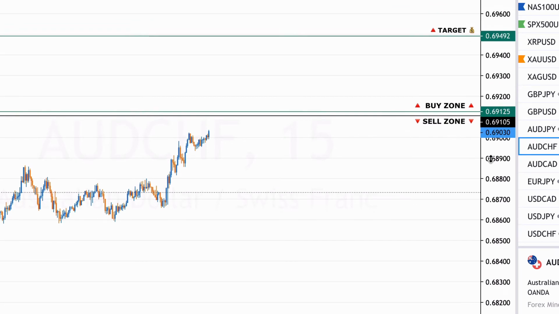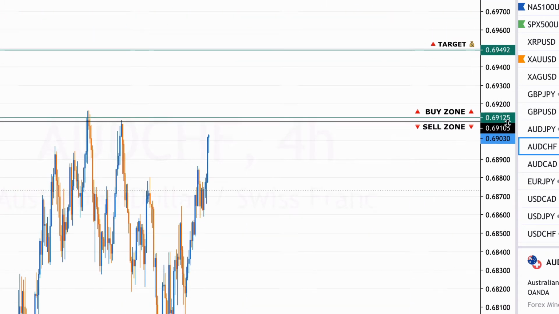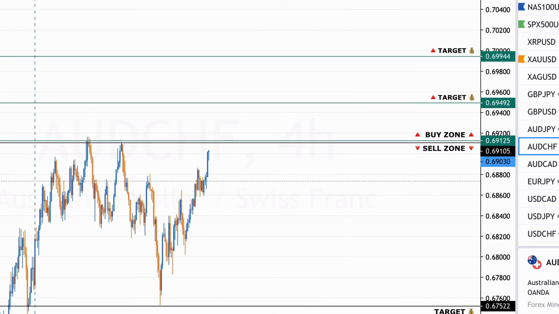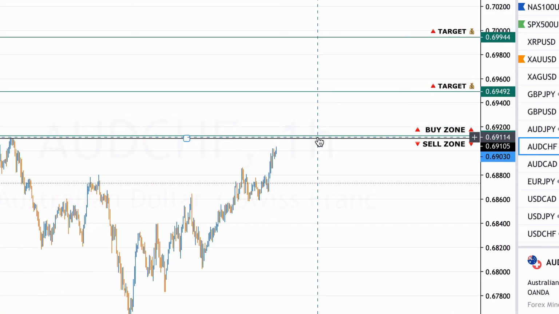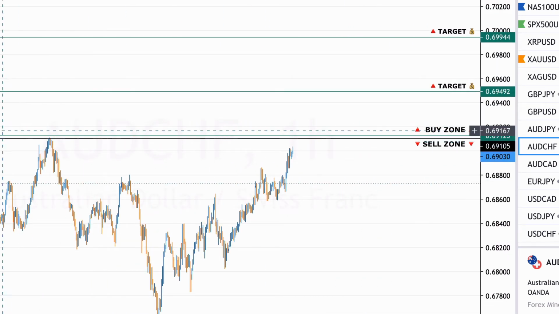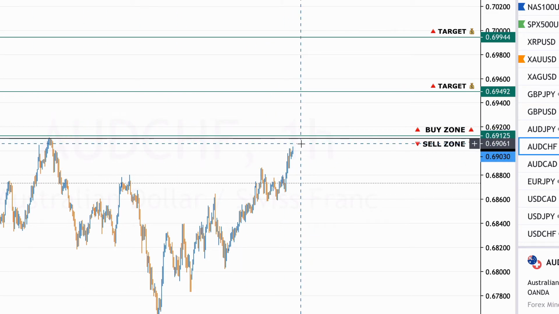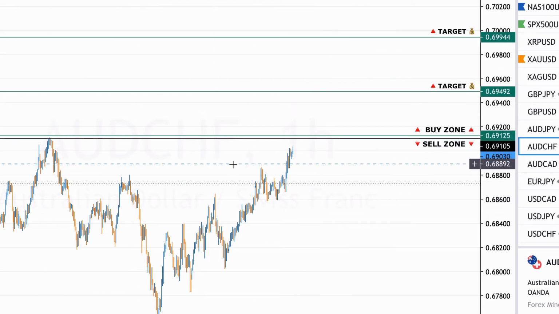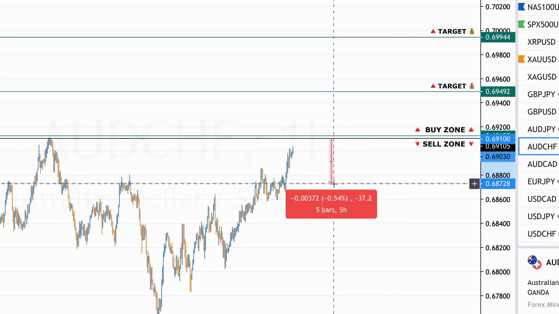So if we come down to the 15, you'll see you have a lot more margin. It doesn't look like a lot when you're on larger time frames, but on the 15, 1 hour, it's a lot. So look for rejection here. If it rejects, sell down. So let's find some intermediate targets. Yep.